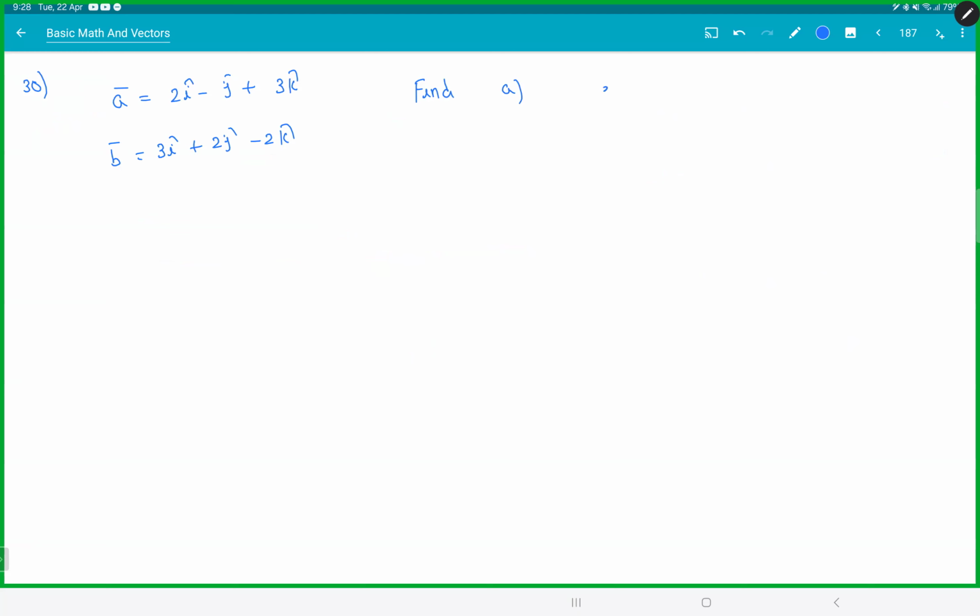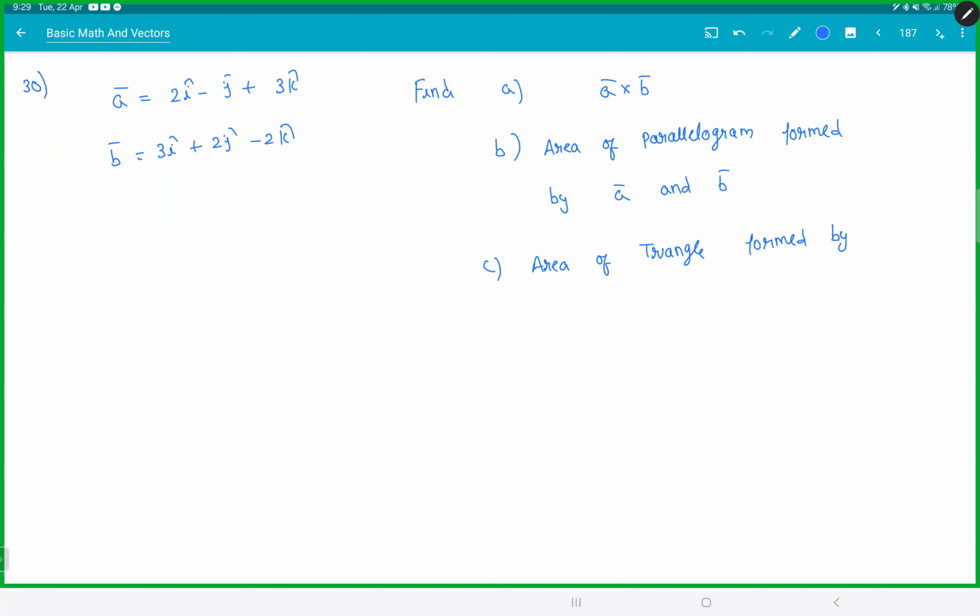Find, first thing, A cross B. Find the area of the parallelogram formed by A bar and B bar. Kind of all are related actually. Find the area of the triangle formed by A bar and B bar.